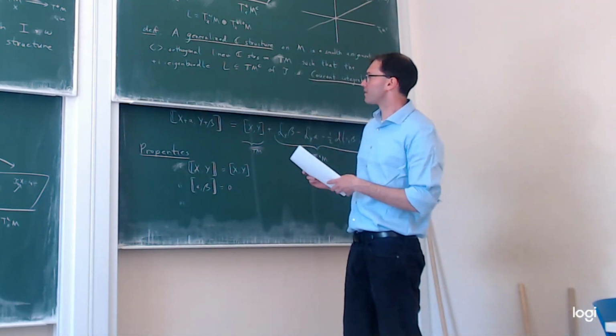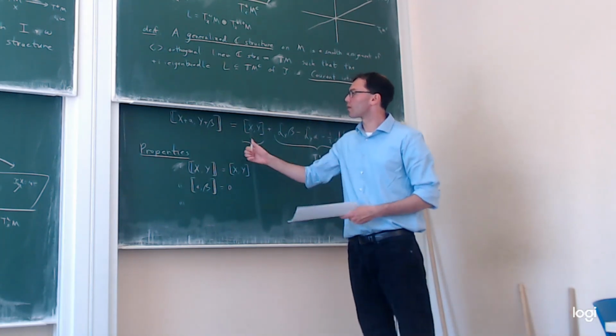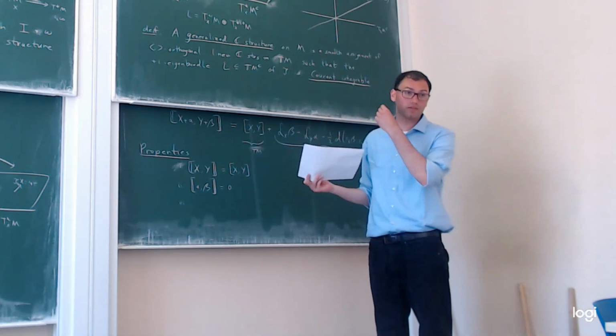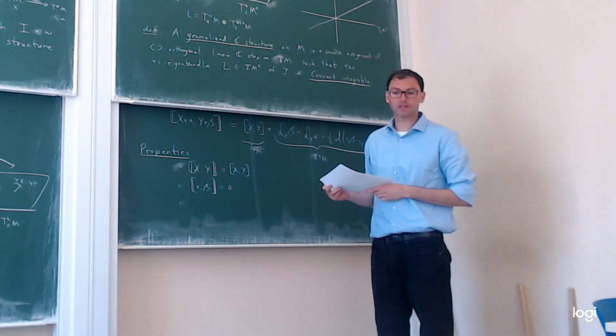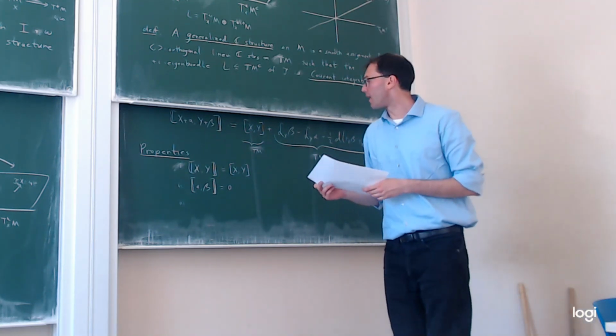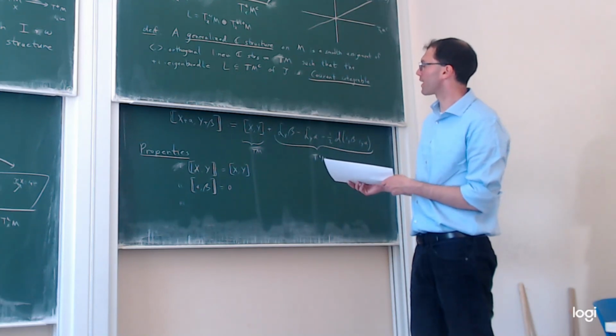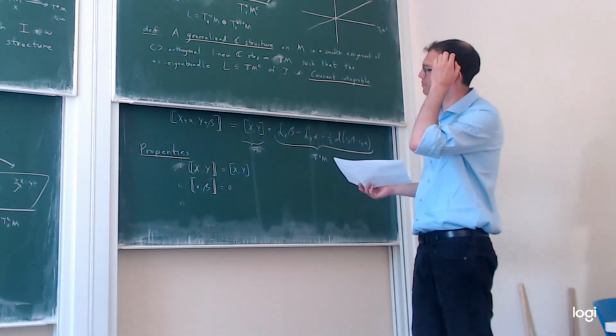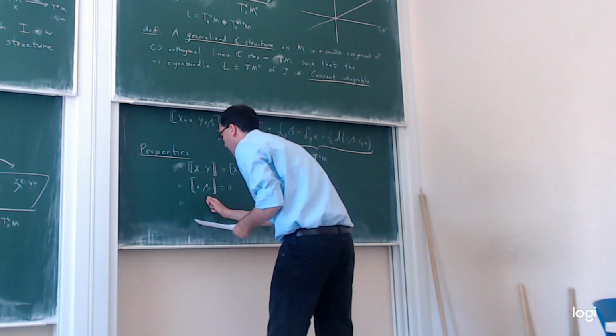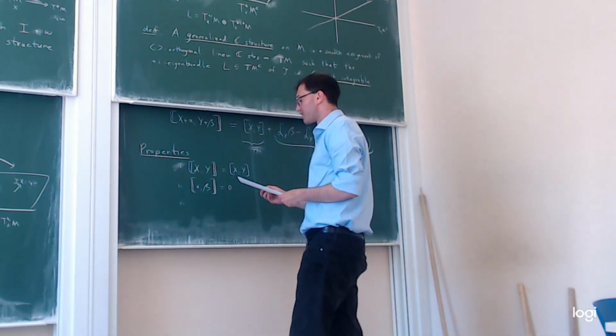Three: we'll recall from the previous lectures that the Courant bracket does not form a Lie bracket on the space of sections of the extended tangent bundle, but we can still characterize the extent to which it does not.